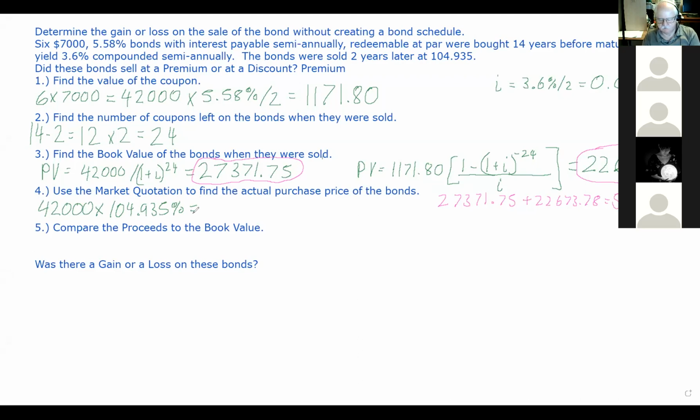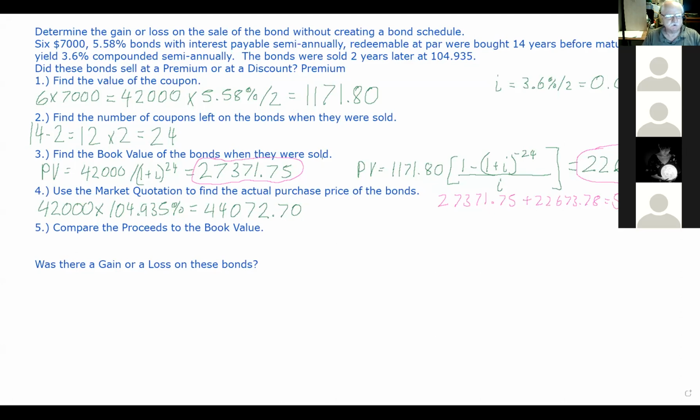Let's see what we get. 104.935% times 42000. And I'm getting 44072.70. And that's indeed what Moodle wants there.